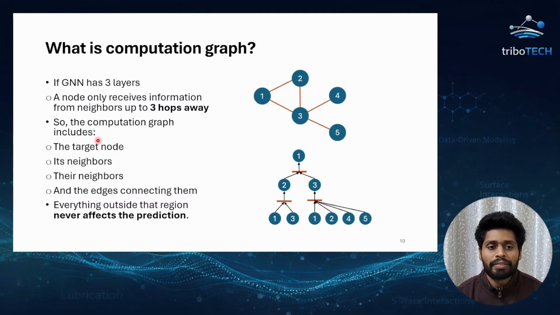The computation graph includes the target node, its neighbors, their neighbors, and the edges connecting them. Everything that falls outside this region never affects the prediction. So this is the assumption here: it only looks into the local neighborhood via the computation graph.